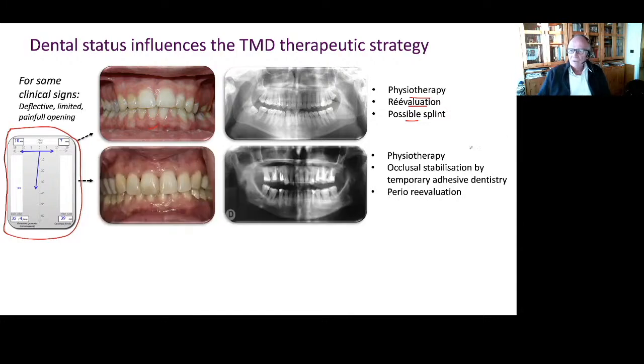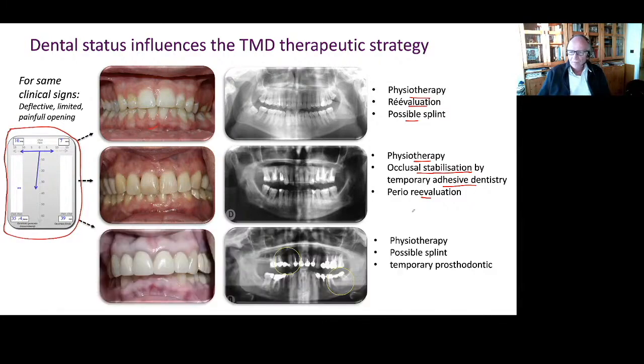For this one: physiotherapy, stabilization by adhesive dentistry, perio. For this one: physiotherapy, splint, and after prosthodontic treatment. So it depends on the dental status of the patient.